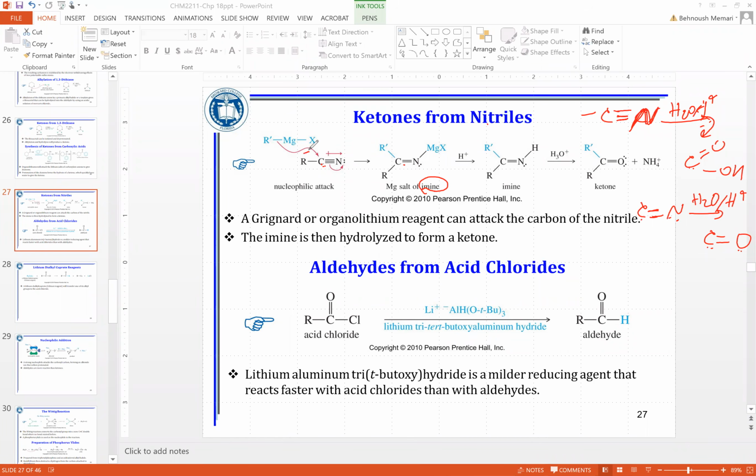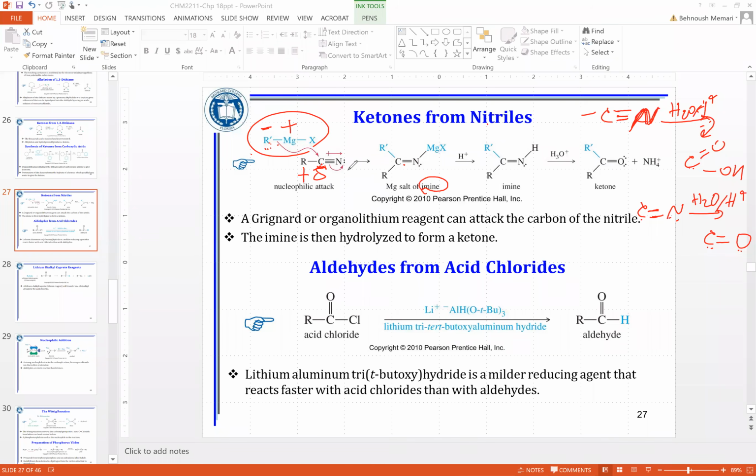You can bring a Grignard reagent. In a Grignard reagent, carbon is negative, magnesium is positive. So the carbon attached to the magnesium, which carries the negative charge, is a nucleophile, and it is going to form a bond with the carbon that is positively charged. This is a partially positive carbon because nitrogen is pulling electrons away.